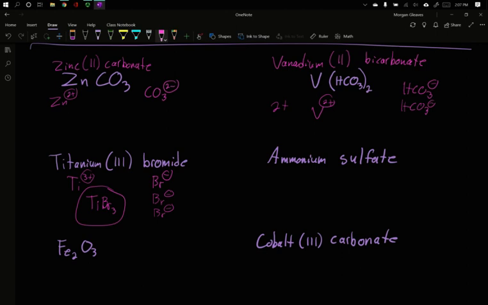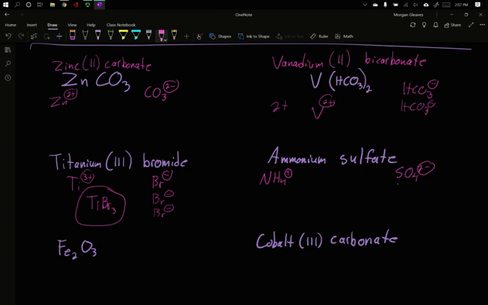Ammonium sulfate. Now this one doesn't have a transition metal. I want us to try another one from our polyatomics. Ammonium is NH4 with a plus charge. A sulfate is an SO4 2-. So these are our ions, as stated by the name.